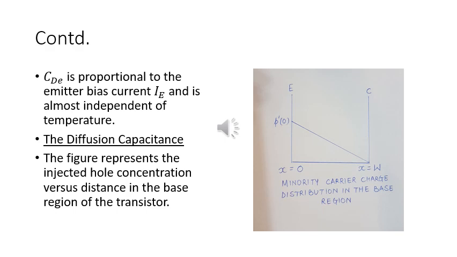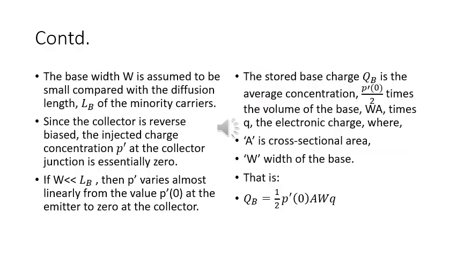The diffusion capacitance. The figure represents the injected hole concentration versus distance in the base region of the transistor. The base width W is assumed to be small compared with the diffusion length LB of the minority carriers. Since the collector is reverse biased, the injected charge concentration P prime at the collector junction is essentially 0. If W is very much less than LB, then P prime varies almost linearly from the value P prime 0 at the emitter to 0 at the collector.